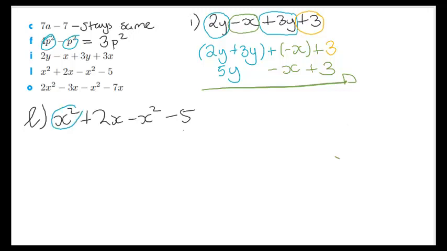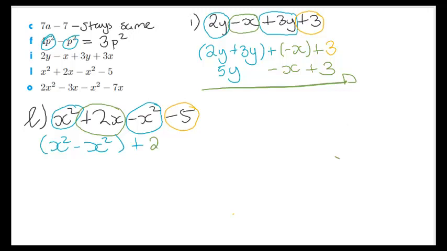So let's highlight our x squareds in blue, and next up we're looking for our x's alone, and then finally our constant alone. So we're going to group them together in brackets. x squared minus x squared goes together, plus 2x on its own, plus minus 5 by itself.